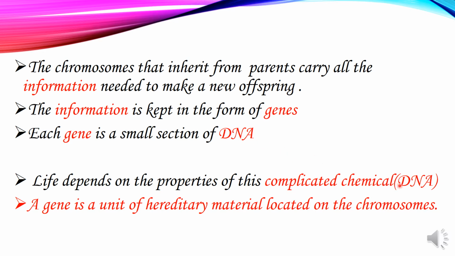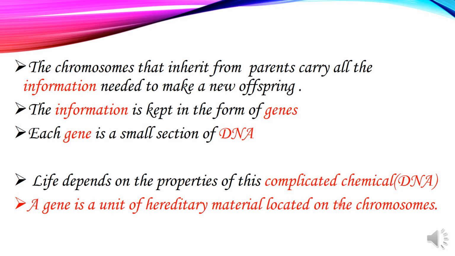The way we look, the way our skin is organized, our hair structure, hair color, nose shape, the teeth arrangement, whatever characteristics or traits we have depend on this molecule called DNA, or deoxyribonucleic acid.